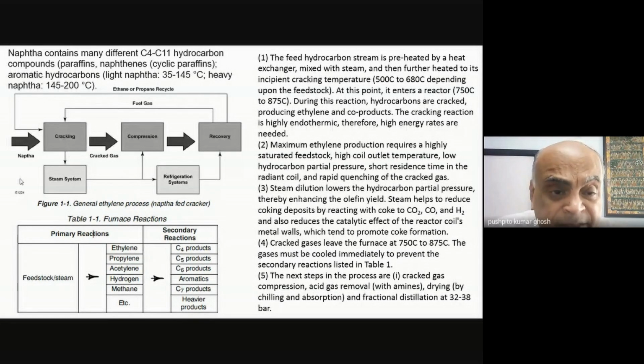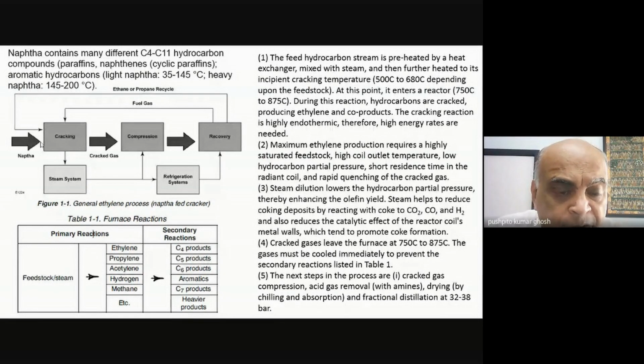That's one. Second is, we know that whenever you do any cracking, there's always a possibility that you will end up with some amount of coke formation. And this is a huge problem. And if you have your catalyst, everything will get completely messed up.